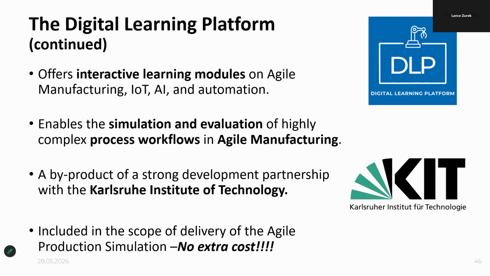The platform offers interactive learning modules on agile manufacturing, IoT, or Internet of Things, AI, artificial intelligence, of course, and automation. It enables the simulation and evaluation of highly complex workflows in agile manufacturing.